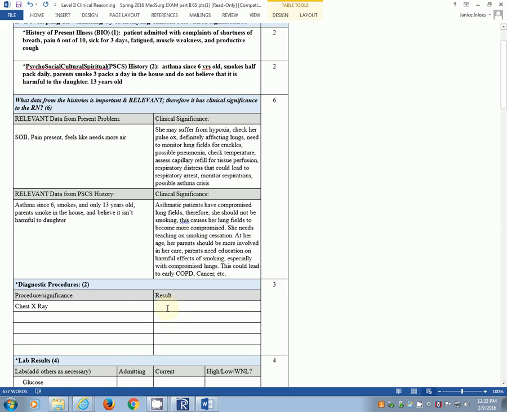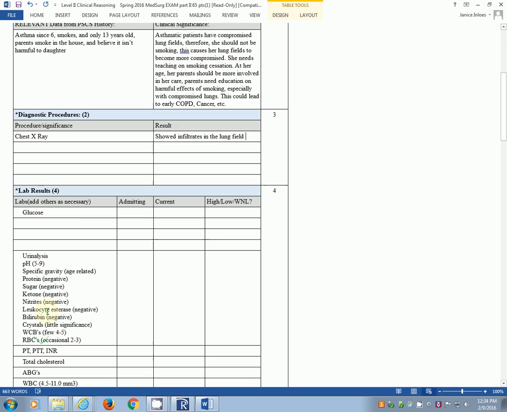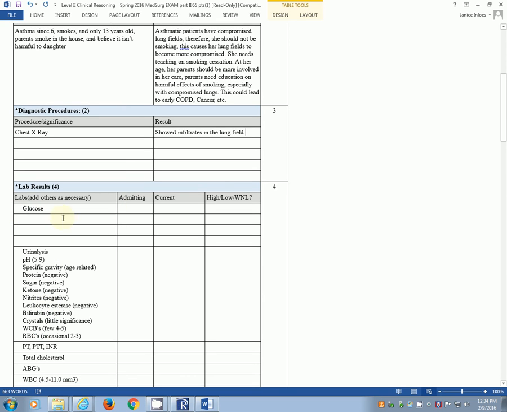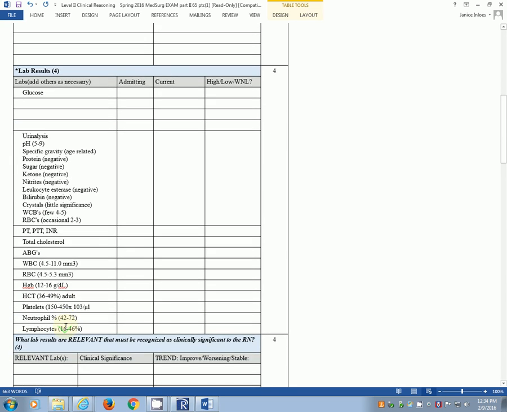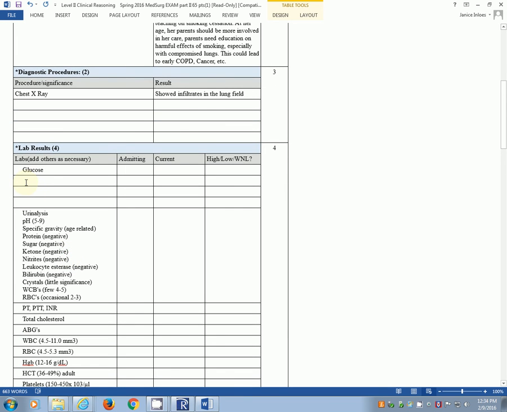The results of our chest x-ray showed infiltrates in the lung. And it's not asking me to tell anything else. So lab. Now, you'll notice that there's already some lab put in here for you: glucose, urinalysis, and all these things. But I don't see anything on here that we did as far as that goes. So what did we do for lab?